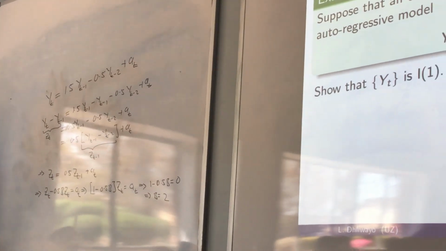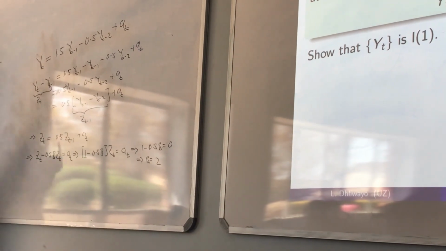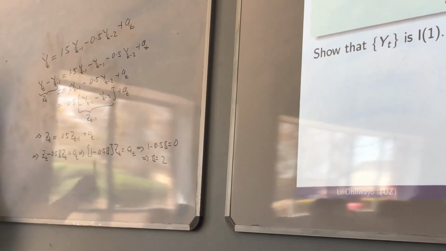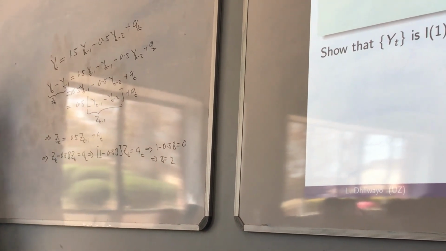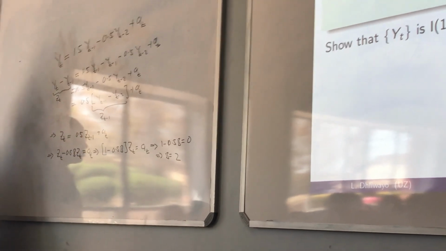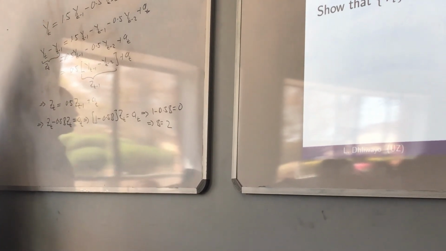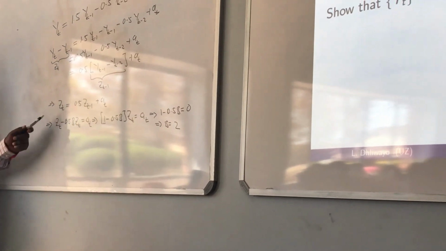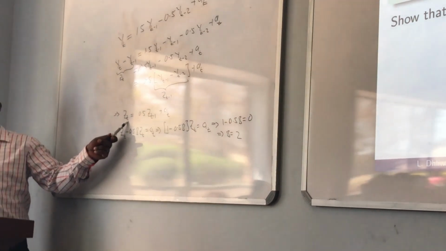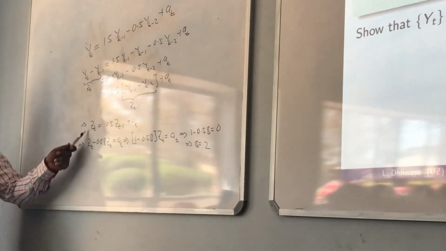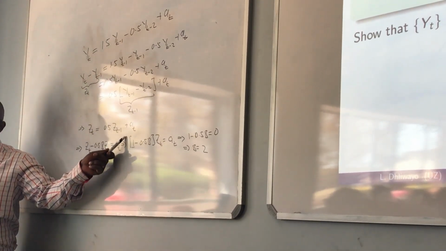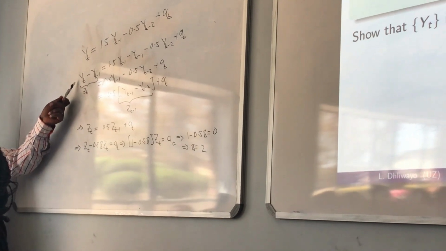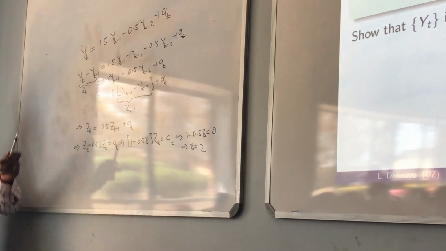We say it's stationary when the roots that we have obtained lie outside the unit circle. So does 2 lie outside the unit circle? Yes. So what does it imply? Zt is stationary. So after differencing once, we obtain a series Zt, which is stationary, which implies that Yt is I(1).